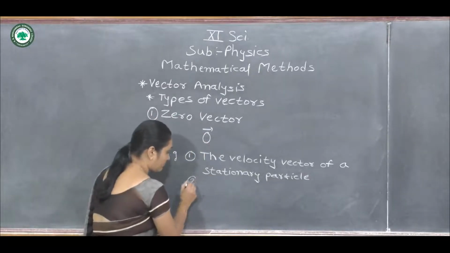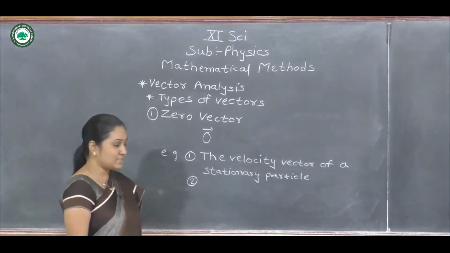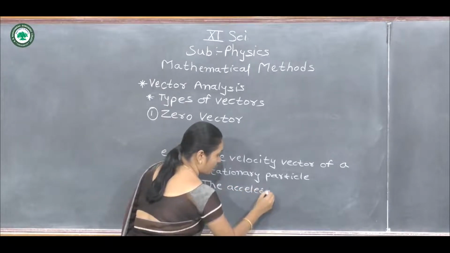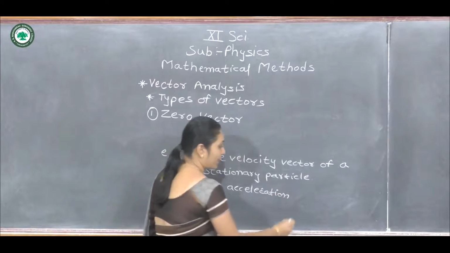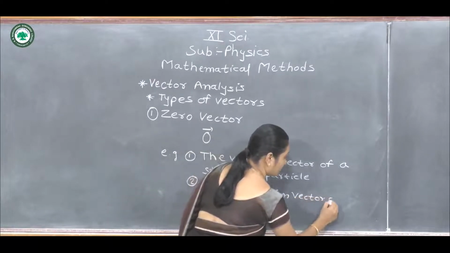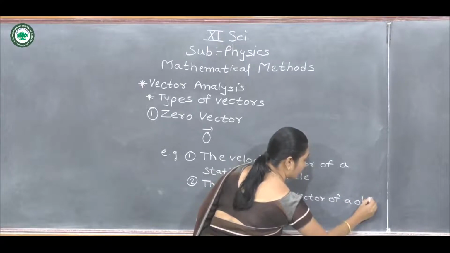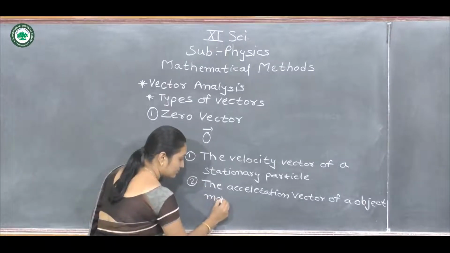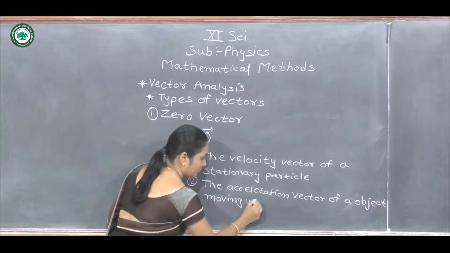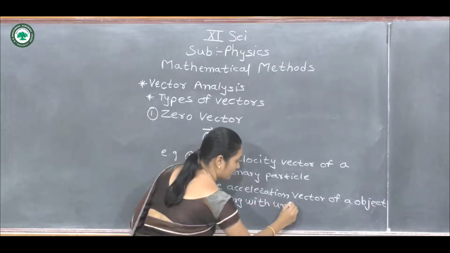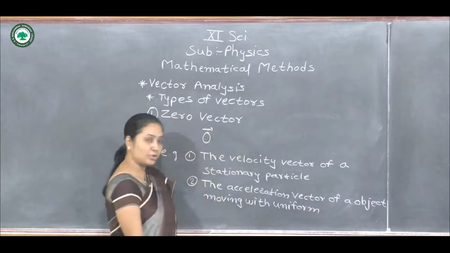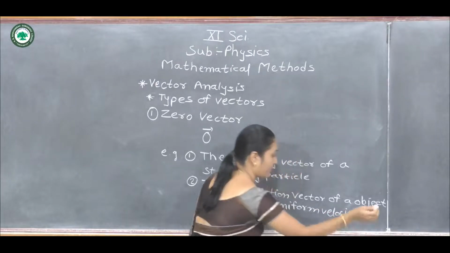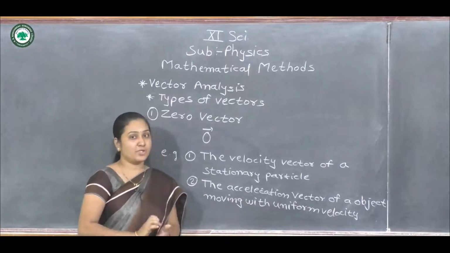Similarly, the second example we can consider is the acceleration vector of an object moving with uniform velocity. This is also a zero vector.